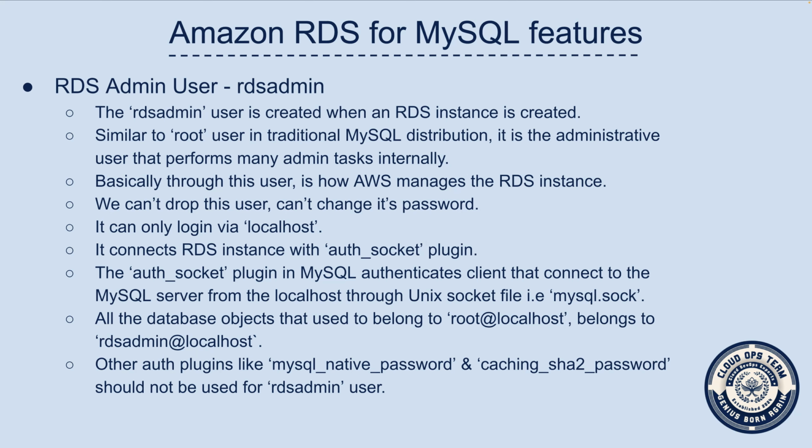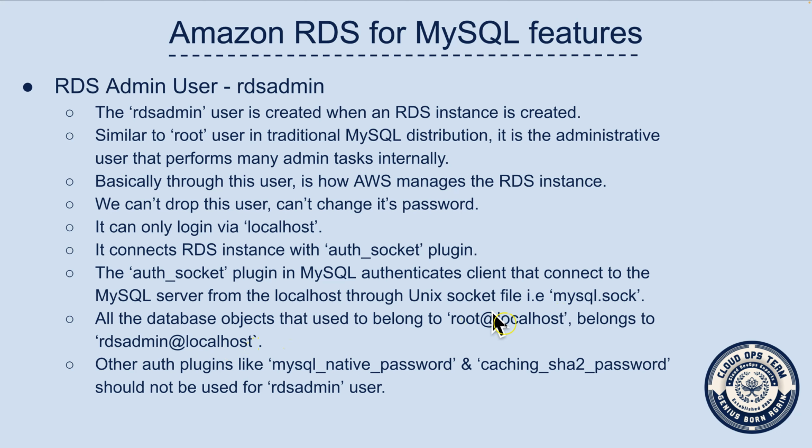It connects through the socket file mysql.sock. I'll show you where this file is. All the database objects like stored procedures, triggers, and events that used to belong to root@localhost on the MySQL side now belong to rdsadmin@localhost.